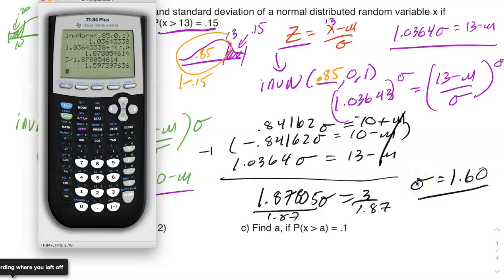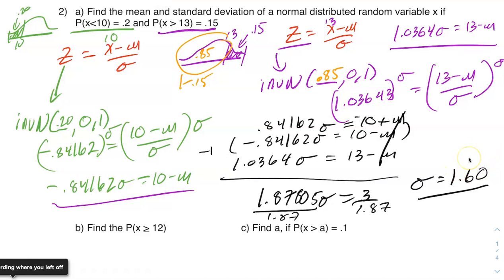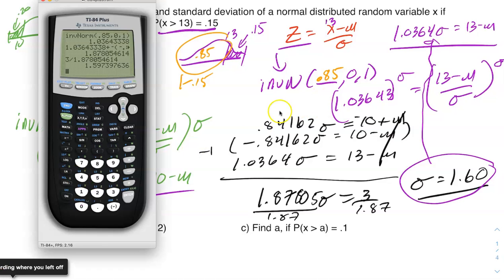I still got to find my mu. So how do I do it? You go back to one of the equations, like this one or this one, doesn't matter. Plug in your sigma. So plug this back into here. So I'm going to get that times sigma, and then add the 13, like do the math. Over here, I'm going to multiply that by 1.6.